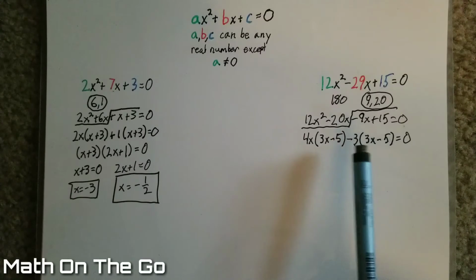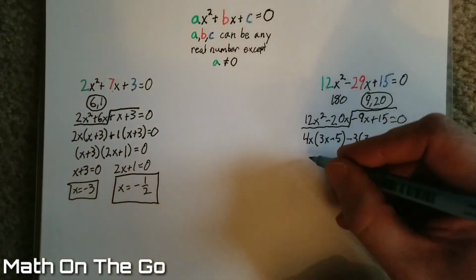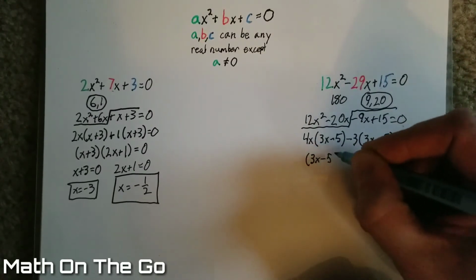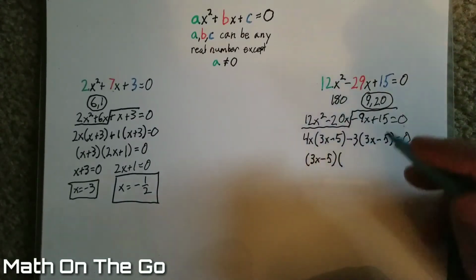Again, we came up with two like terms, so we can pull that out front, giving us 3x minus 5. And what's left inside is our 4x minus 3.